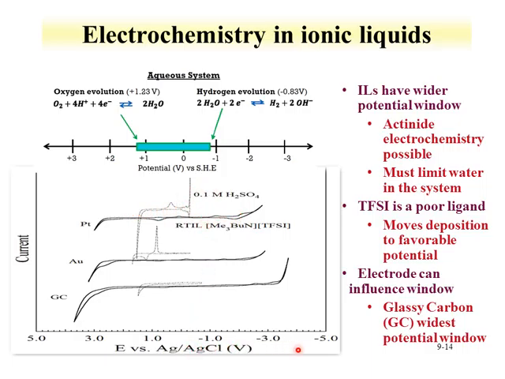The large negative regime that's accessible allows reduction of the metal ions, and as we see here, the glassy carbon electrode is the best system. Again, we also note that the TFSI is a poor ligand, so it's going to be removed and allow the deposition of the metal on the electrode surface.